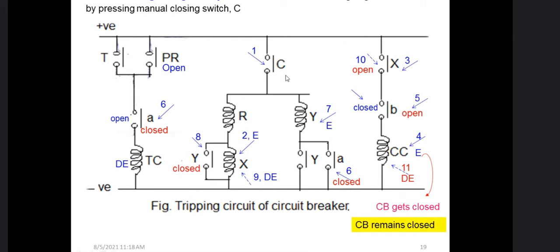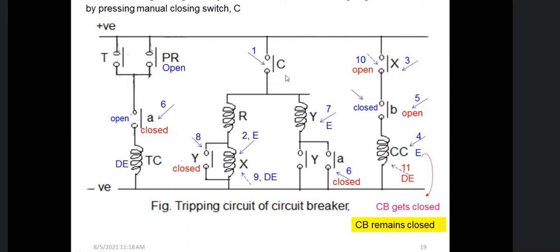So if that person tries to close the circuit, then this tripping circuit, actually the control circuit of the circuit breaker, will allow the closing only under healthy condition, but it will not allow the closing during unhealthy condition. So during unhealthy condition, when the trip signal is present from the relay, the manual switch button cannot close the circuit breaker.